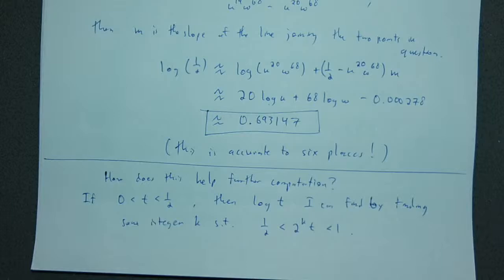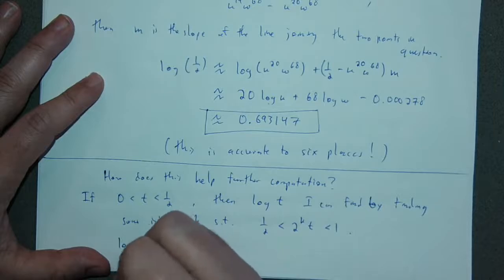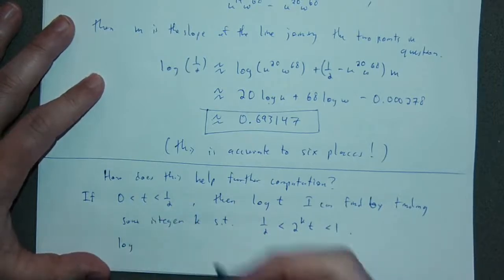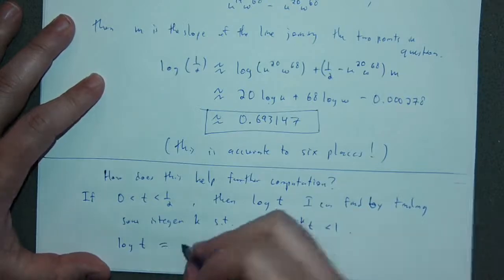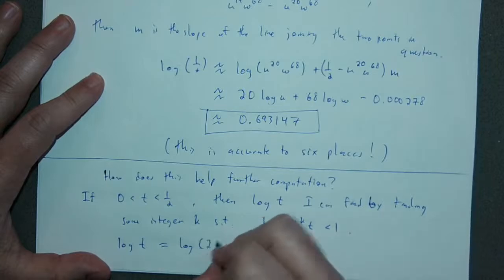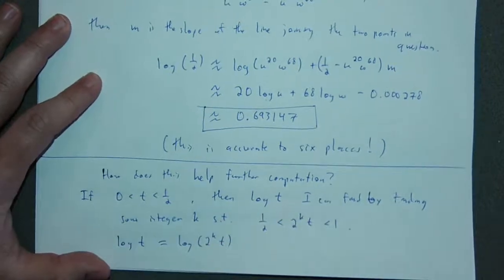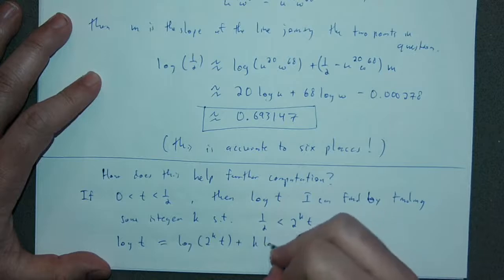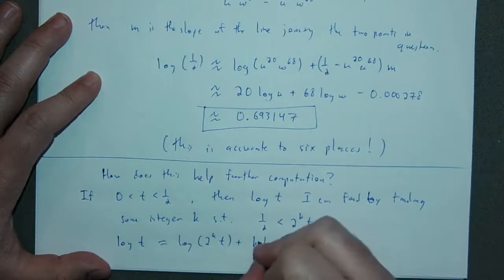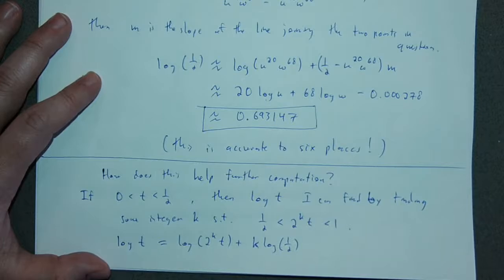How? Well, if I can find such an integer, then I just look at log t. Using linear interpolation here, this is log of 2 to the k times t plus k log of 1/2. But I've already computed log of 1/2. I know what this integer is, and computing log 2 is easy because it's minus the log of 1/2.